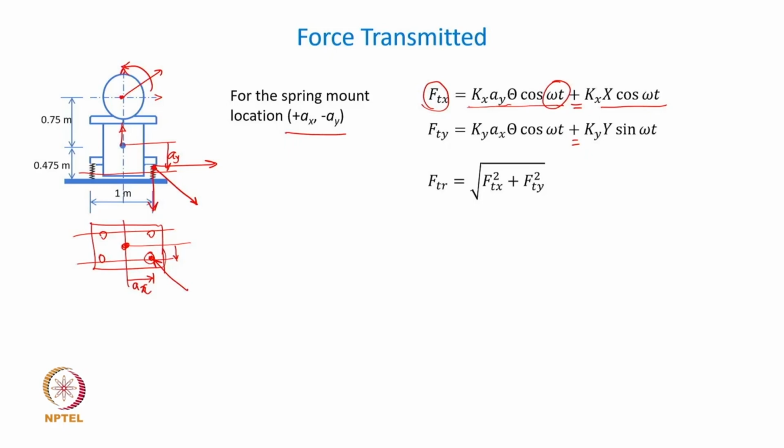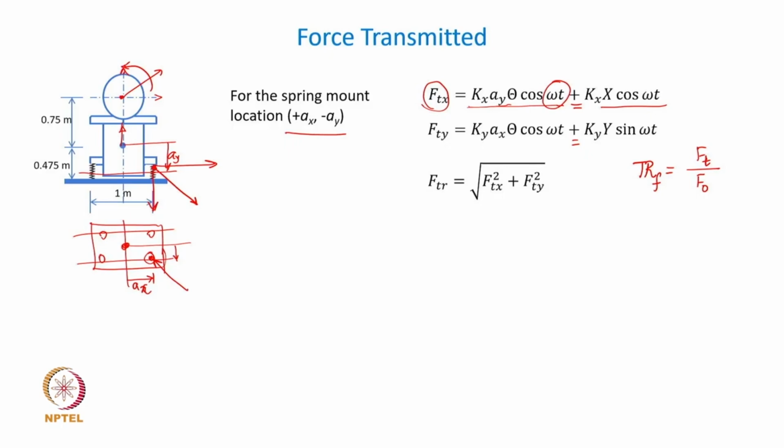Now, if I want to find out the maximum force transmitted, because our transmissibility Tr due to force will be what? Force transmitted divided by the applied force F naught, is it not?